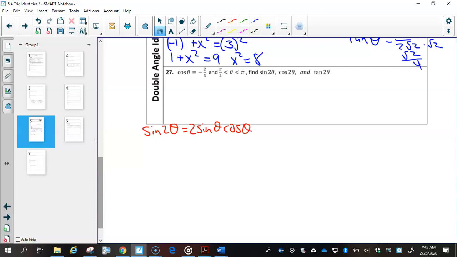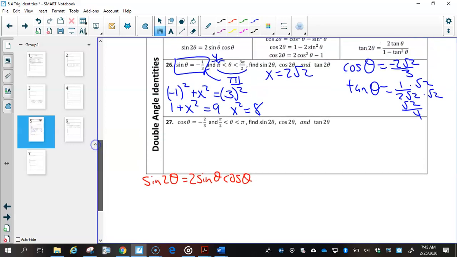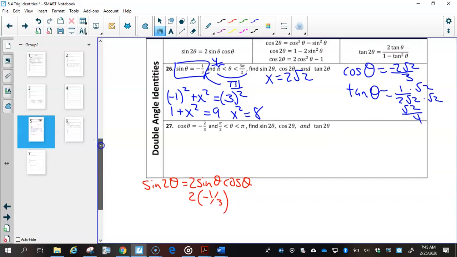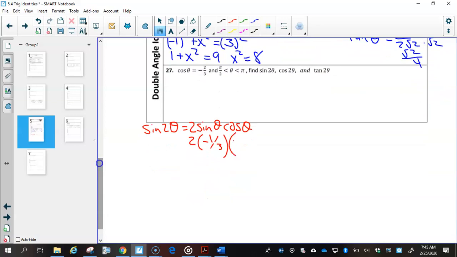So for sine double angle, I'm going to take sine of theta, which is negative 1/2. I'm sorry, negative 1/3. I don't know why I said half. And I'm going to take cosine theta, which is negative 2 root 2 over 3. And multiply.